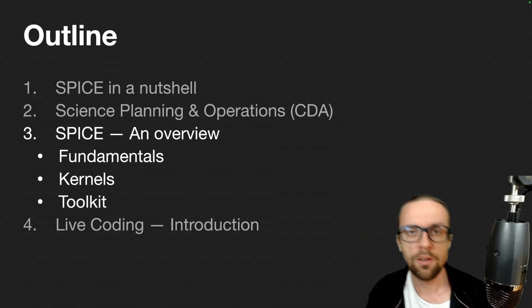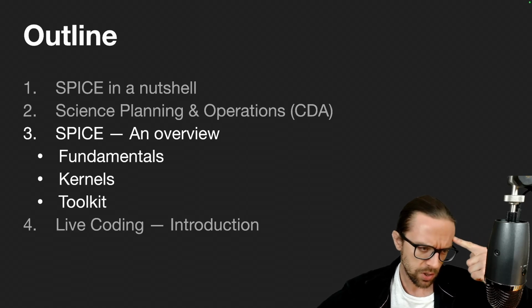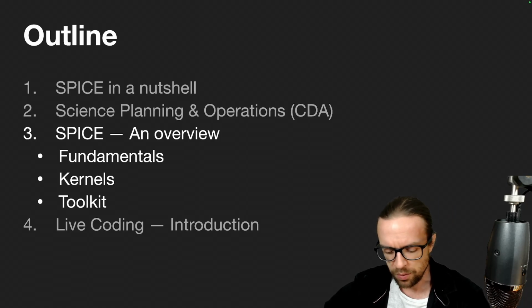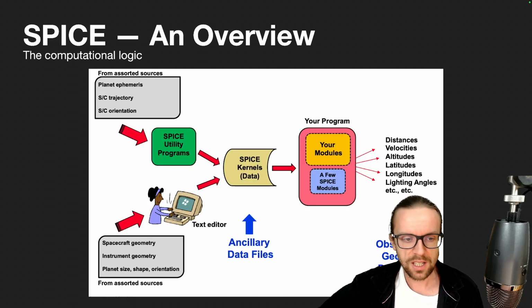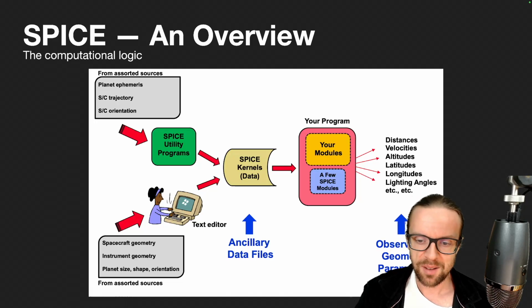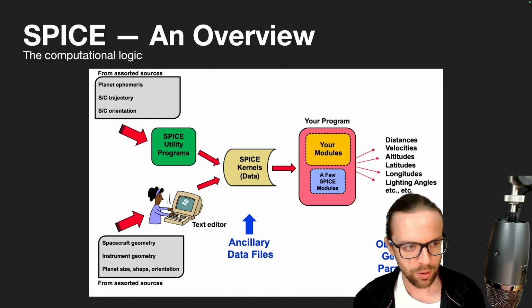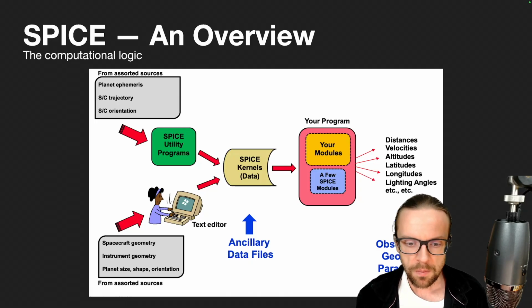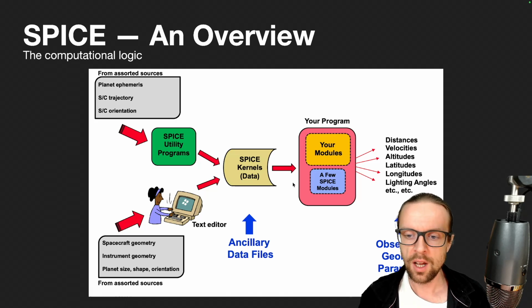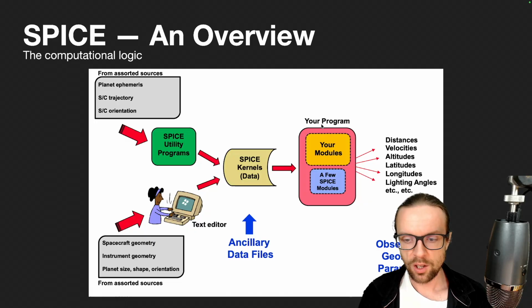Now, I think you have an understanding and an idea why we use SPICE, what its purpose is. And I would suggest that we take a look at a diagram that looks a little bit old, but it's still valid, and it's still the most recent workflow of SPICE. So try to ignore some things and try to focus on the red blob here. The red blob means that this is your scientific program, planning program, or what have you.